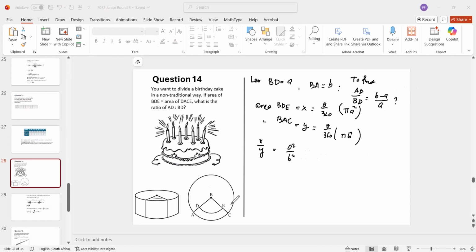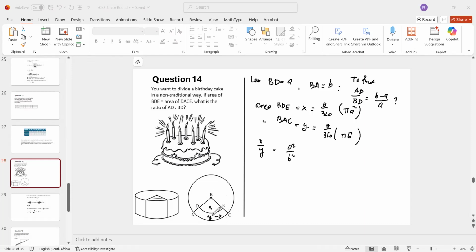Now we haven't used the fact that we said that this is X. And we said the whole thing is Y, this whole area. So this piece here is Y minus X. Because when you add X to that, you're going to get the larger piece of the cake.